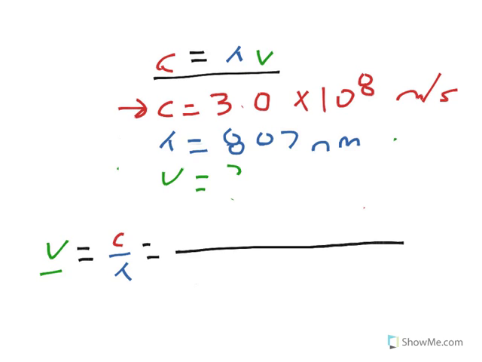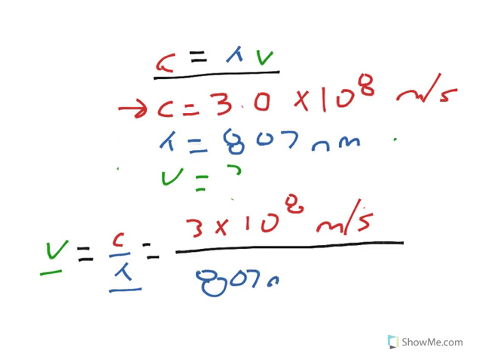C, or the speed of light, goes on top, as our equation that we rewrote tells us. And that's 3 times 10 to the 8 meters per second. On the bottom, here we have our wavelength, which was given to us at 807 nanometers. However, we need to remember that this equation requires us to convert everything to meters.